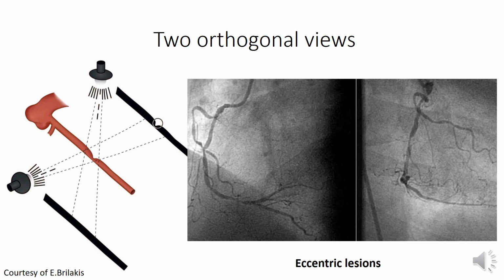When we are looking at this lesion from the healthy side, you might underestimate it, while if you take another orthogonal or perpendicular view, you can appreciate the lesion. Here is an example. These are two orientations of the same patient. We can appreciate that the lesion looks tighter when we take another view.